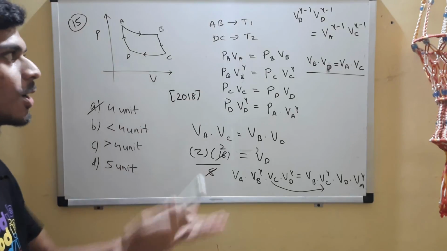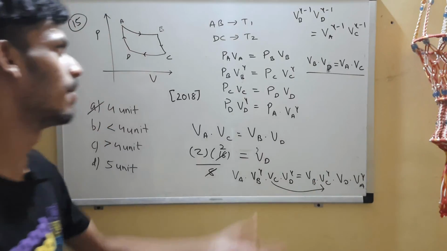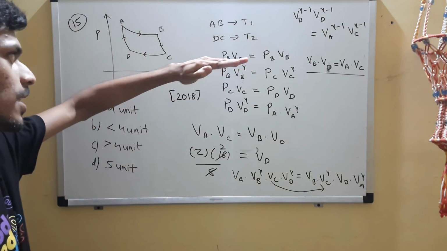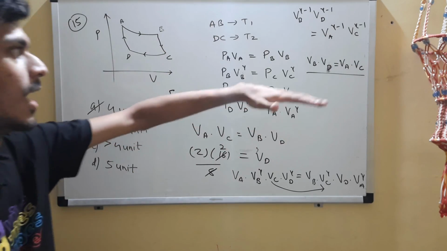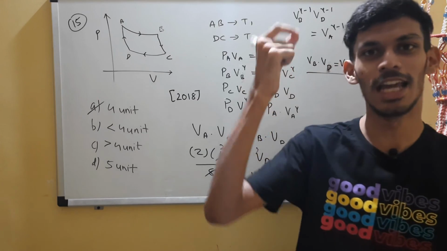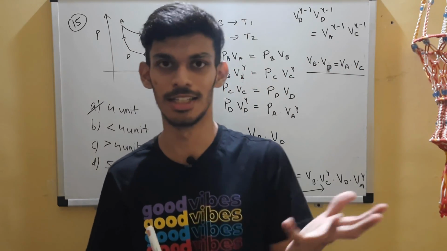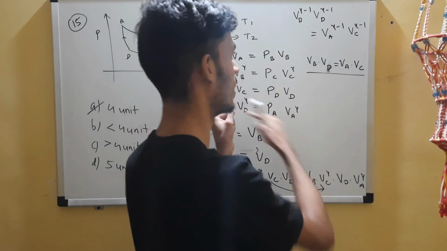So that was the shortcut that I told you. It came from this concept. I applied the equation for all the processes, isothermal as well as adiabatic, multiplied them, solved them, and hence I obtained this. If you see the derivation of the efficiency of a heat engine, you will find this there.